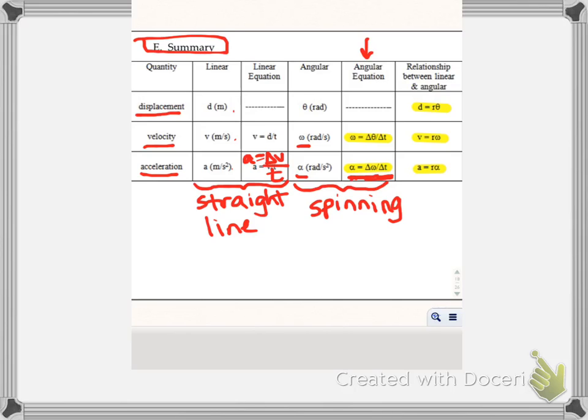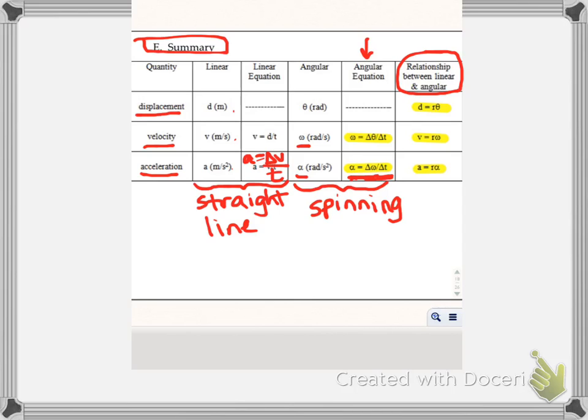It's the same concepts that you've had before, we're just giving them new letters to show things that are spinning instead of moving in a straight line. And then finally, this last column shows you the relationship between the linear version, the plain d, v, and a for displacement, velocity, and acceleration, compared to the angular version, the theta, omega, and alpha.